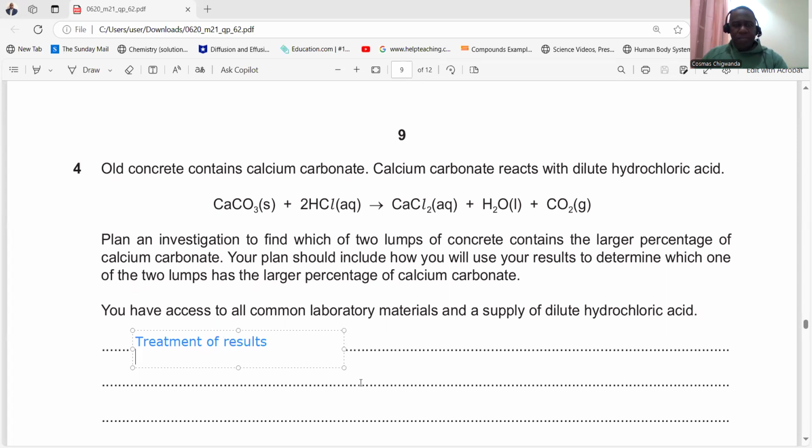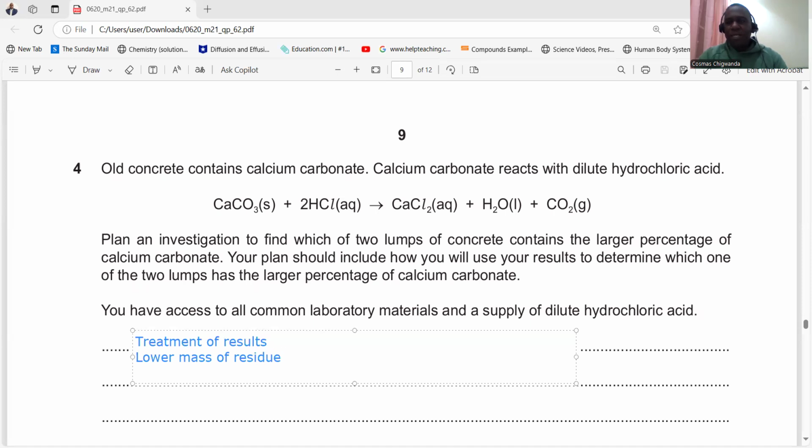Obviously it's very, very easy. How do you treat your results? If you have a lower mass of residue, what does that mean?